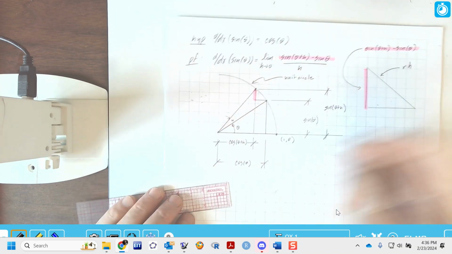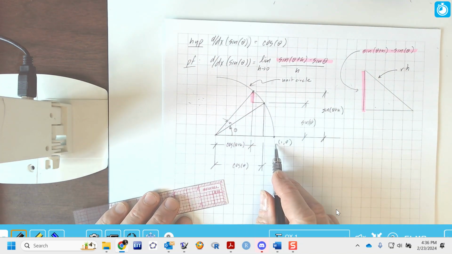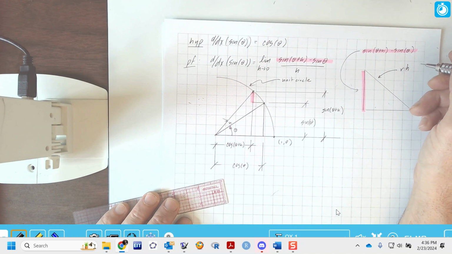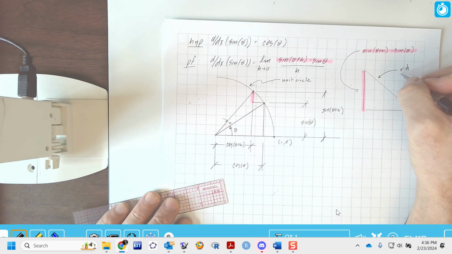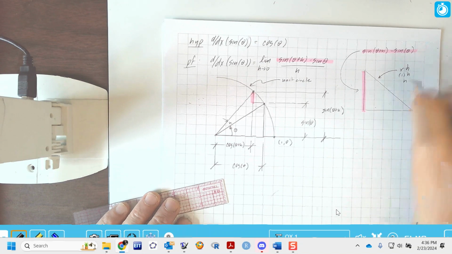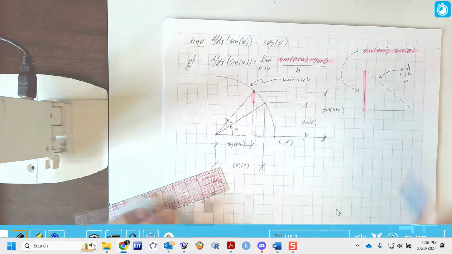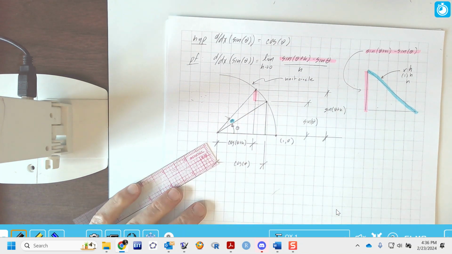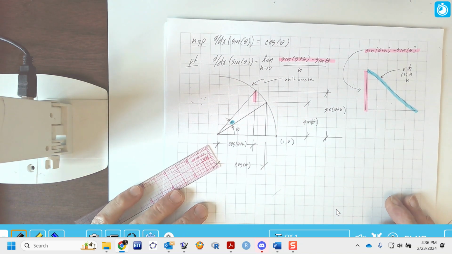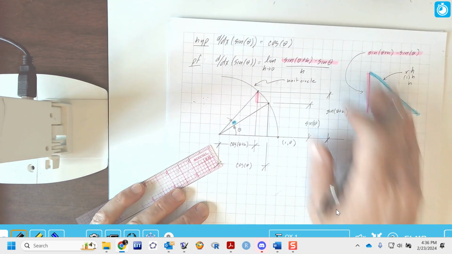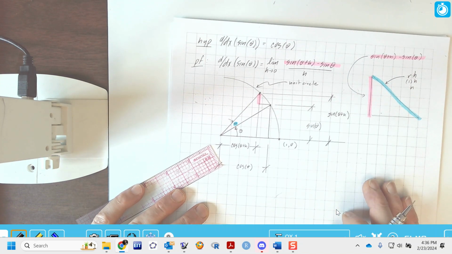But the radius of this circle, since it's the unit circle, is just 1. So this is the same thing as 1 times h, or just h, right? So this distance right here is h. In other words, that distance is equal to the value of the angle creating that arc length, which we're approximating by a straight line.